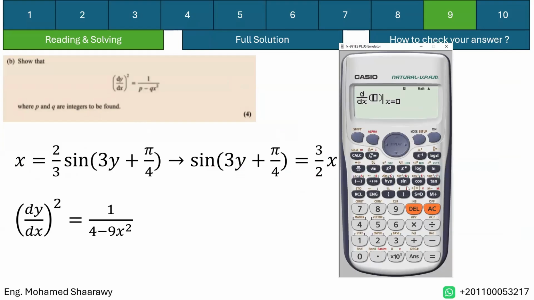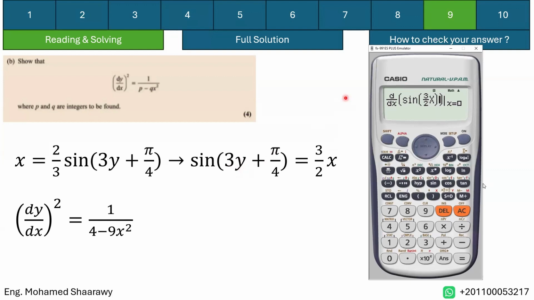Okay, so let me write shift sign 3 over 2x. Pause the video and try to make y subject, and actually you can then understand what I'm writing here. So it will be shift sign 3 over 2x subtracted from pi over 4, and all of these things will be divided by 3. So let me divide all of this by 3.